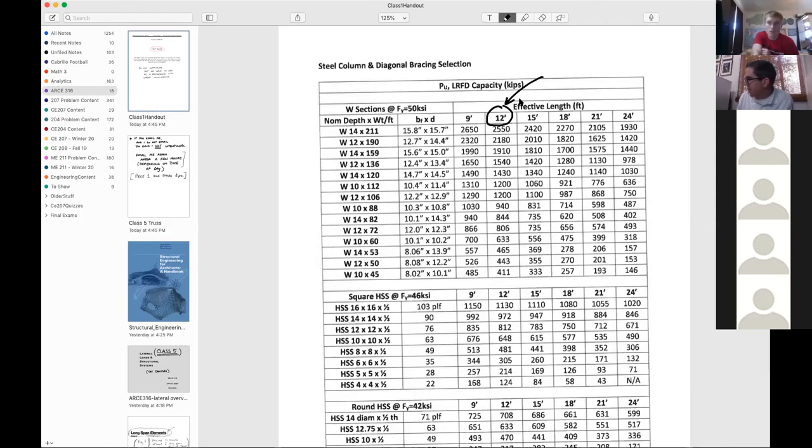We've got 10, so we can't use 9, we'll end up using the 12-foot, and so 710. So we would be right here. That would be the size of our top chord. So that's how we got that.